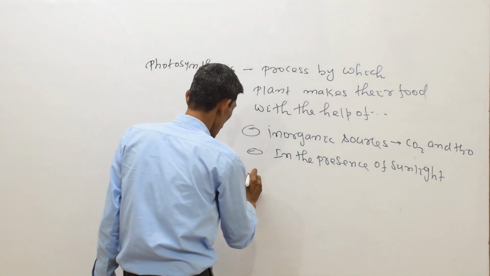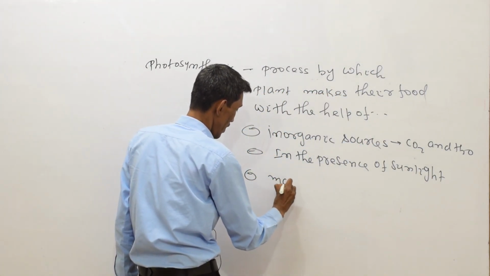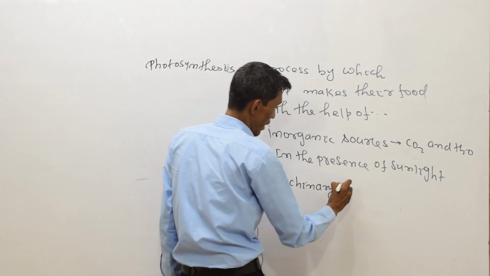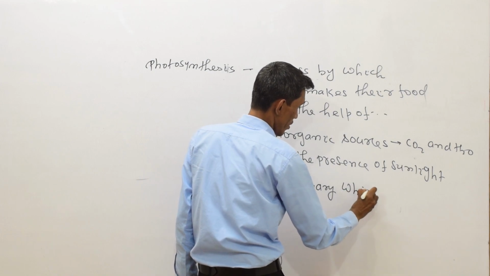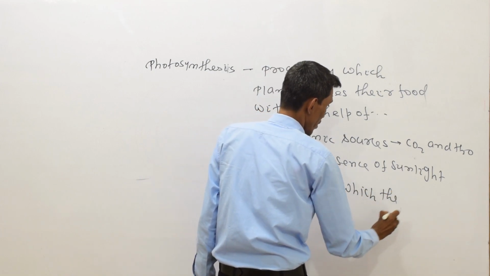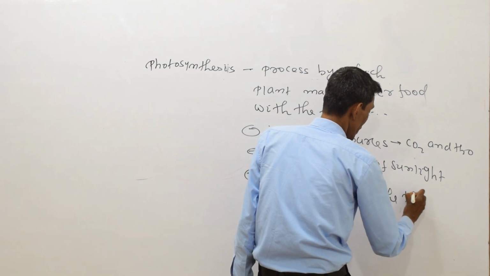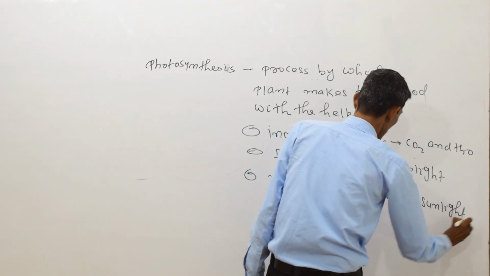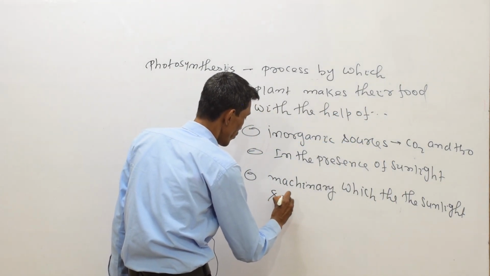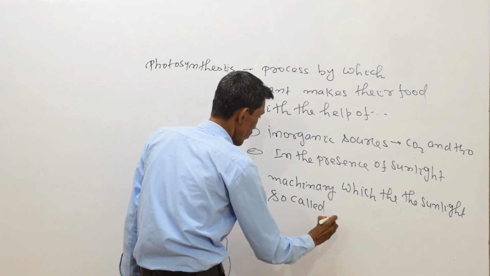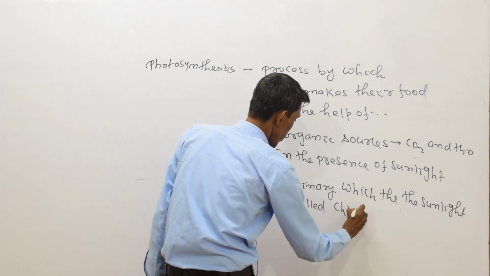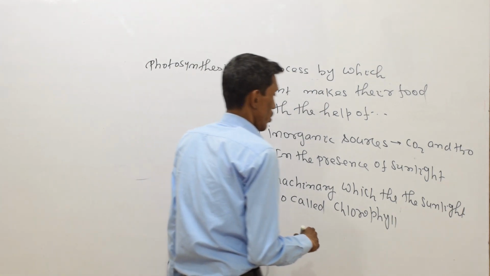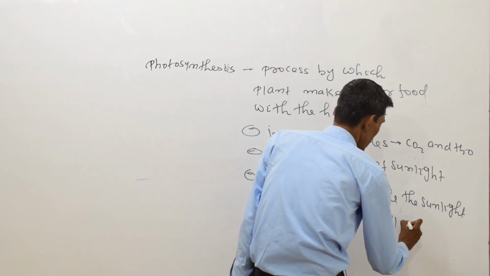And there is a machinery, एक machinery होगा, which traps the sunlight, so called chlorophyll, present in green parts.